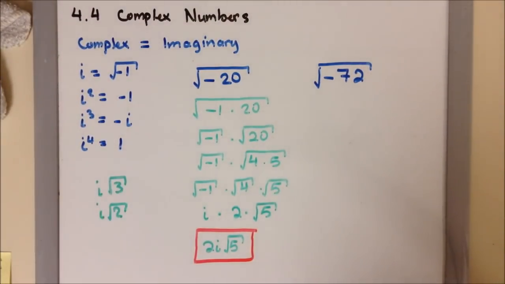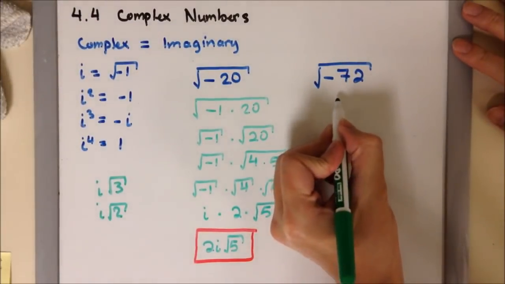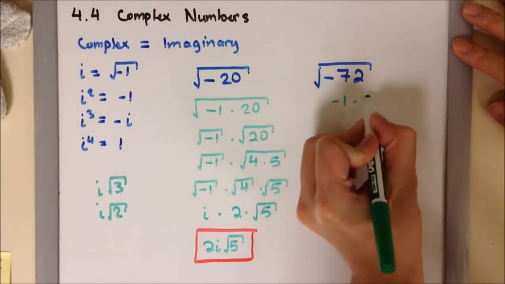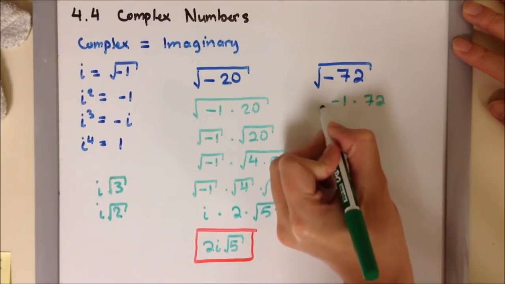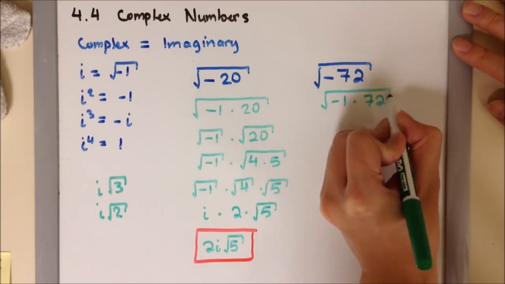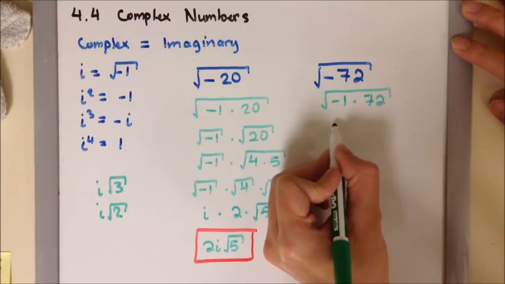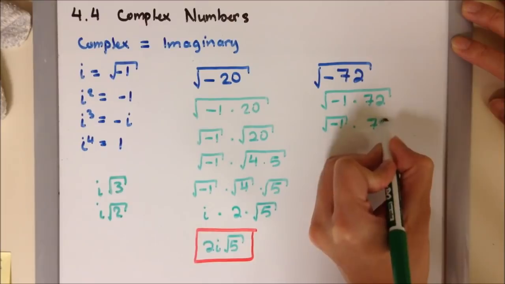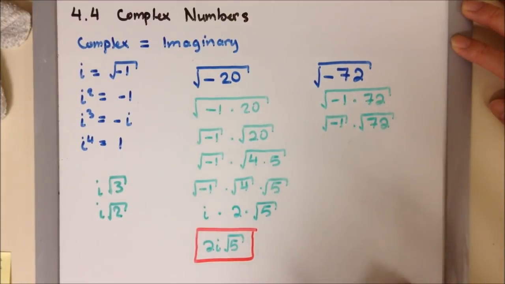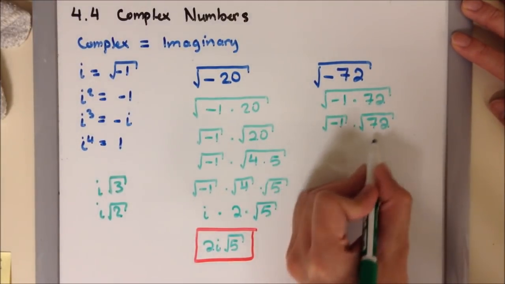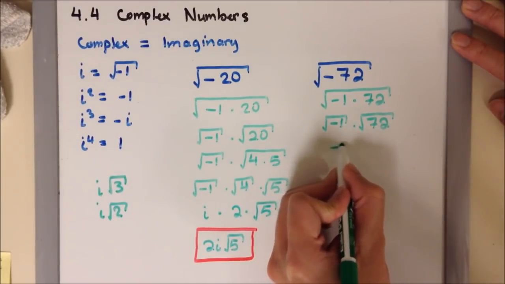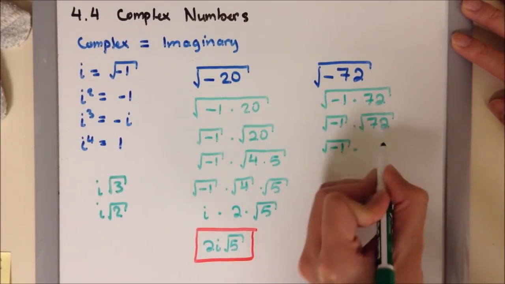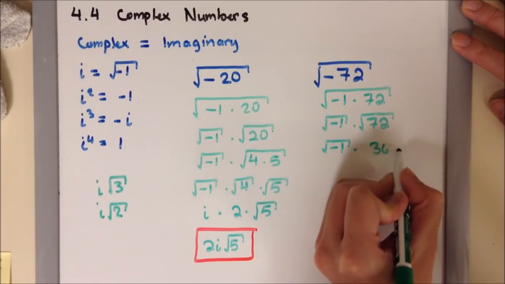Now I'm going to use the same process with square root of -72. So I'm going to factor out the -1 first. Next, I'm going to break it down to two square roots, so square root of -1, square root of 72. Alright, now 72, I can break that down into two more numbers. So square root of -1 times 36 times 2.